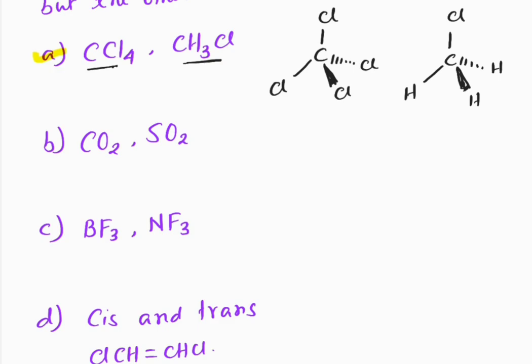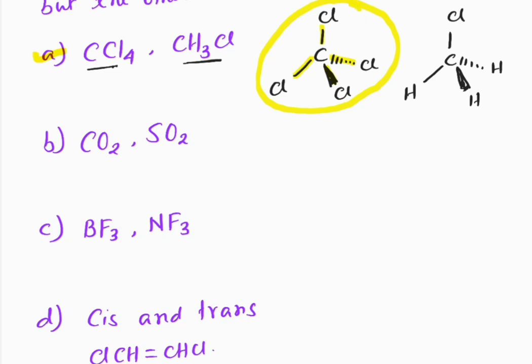Now see, in this case, the shape of CCl4 is symmetrical. Now why is it symmetrical? You see that all are C-Cl bonds, so all the bond lengths will be equal and all the bond angles are 109 degrees 28 minutes.